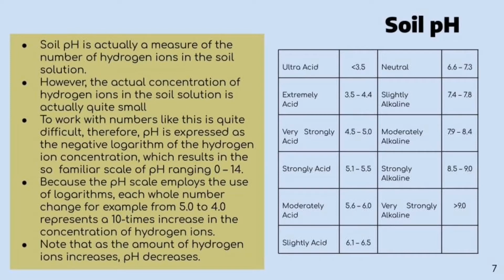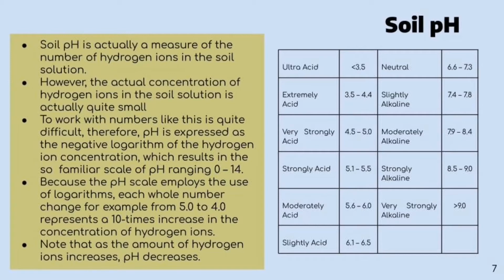Because the pH scale employs logarithms, each whole number change, for example from 5.0 to 4.0, represents a 10 times increase in the concentration of hydrogen ions. In addition, note that as the amount of hydrogen ions increases, pH decreases. A soil with a pH level of 7.0 will have a hydrogen ion concentration 100 times less than a soil with a pH level of 5.0.